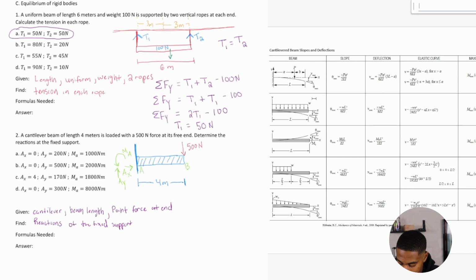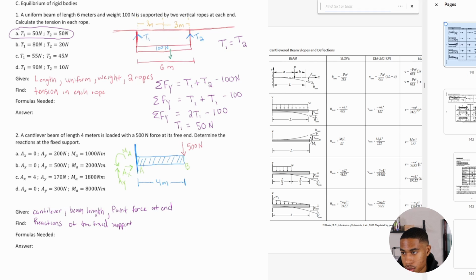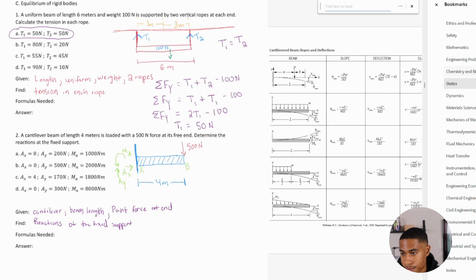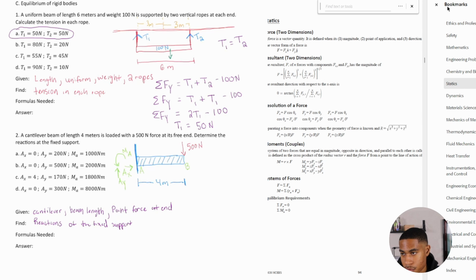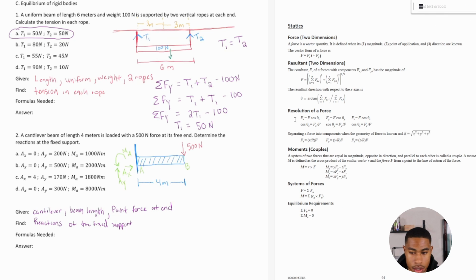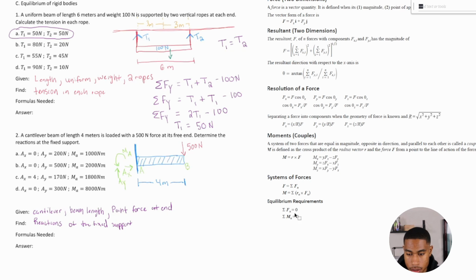Hopefully this is not completely new to you. Okay, so how will we go about solving this? Well, let's go back to the statics section. We can use the sum of the forces for equilibrium. Right? Sum of the forces in any given direction is equal to 0, and the sum of the moments is equal to 0.